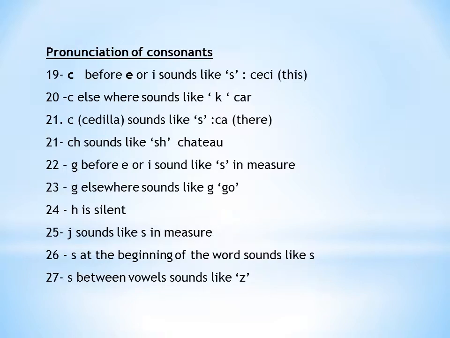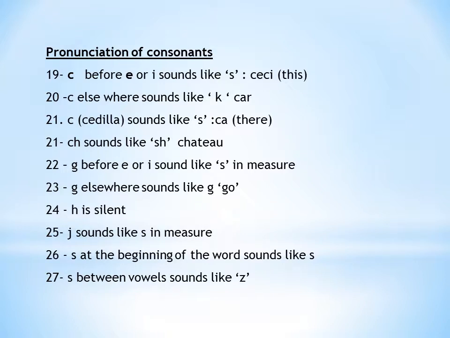The 21st CH is "sh", as in "chateau". As I said earlier, CH sounds like SH. And remember, in the previous slide I told you that EAU sounds like O, like water. So here we have "chateau".